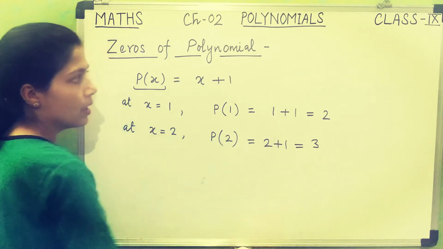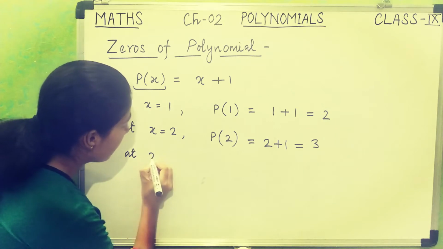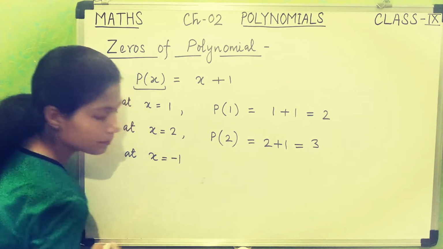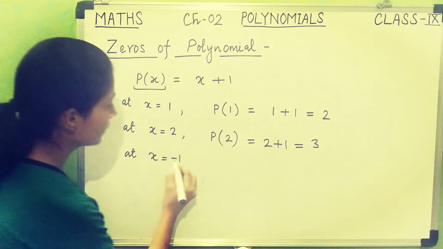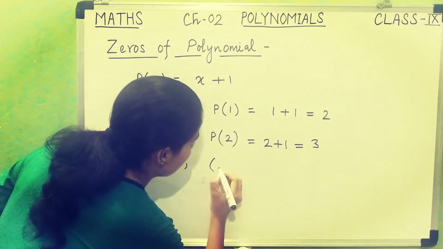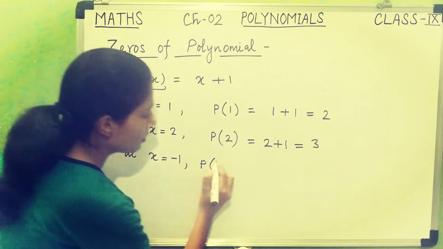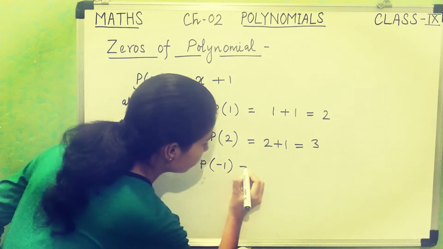Okay, now let's take another value, x equals minus 1. Now check the value of the polynomial at x equals minus 1.